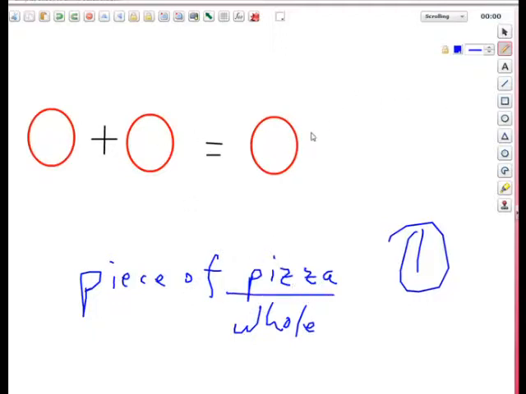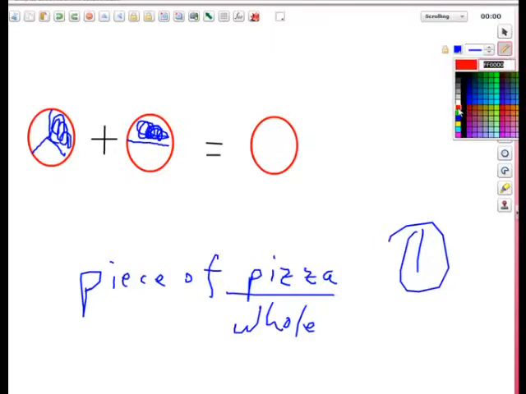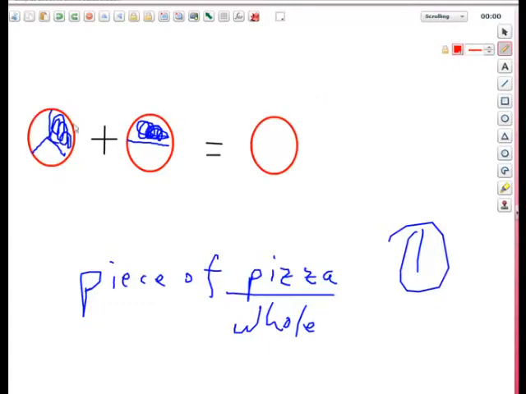Okay? So let's take a look at some fractions here. Let's take this one here. We've got 1/3. Over here we've got 1/2. Now what's the problem with adding those two numbers up? Well, the problem is that if we try to add up 1/3 and 1/2, they're different sized pieces.